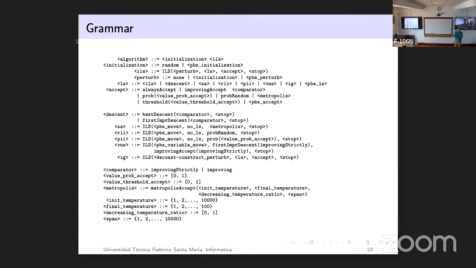So this is one of the VND. Yes, this is not specific to it, but it has to be done well. It's difficult.